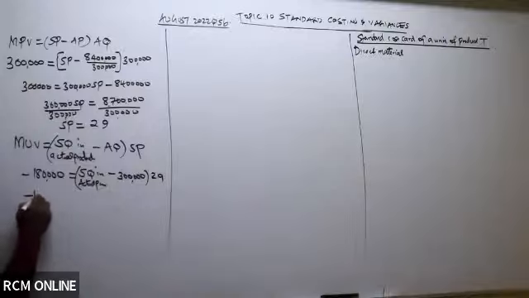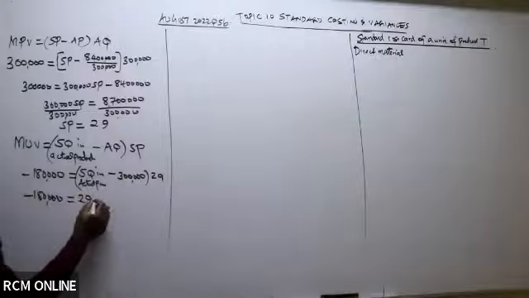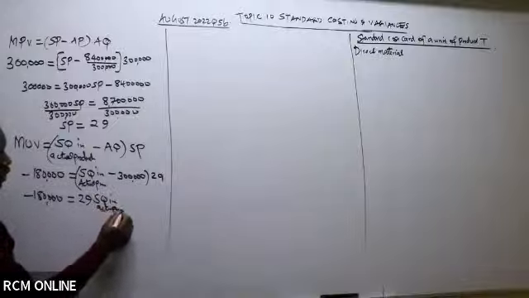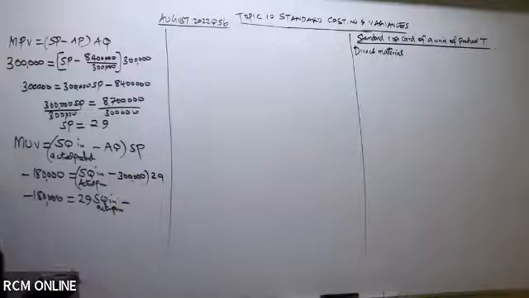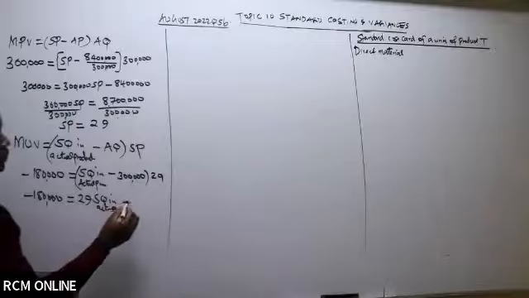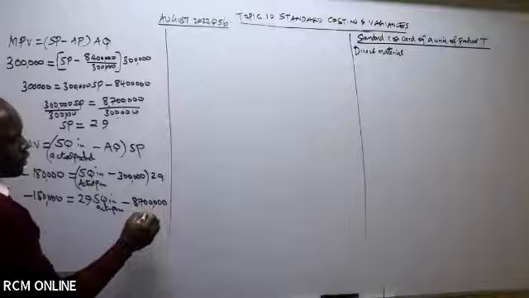So negative 180,000 is equal to 29, breaking the brackets, times standard quantity in actual production, minus 300,000 by 29. How much is 300,000 by 29? 8,700,000.